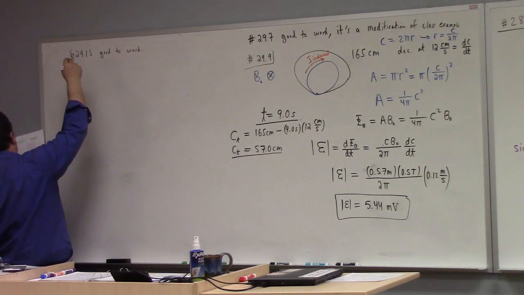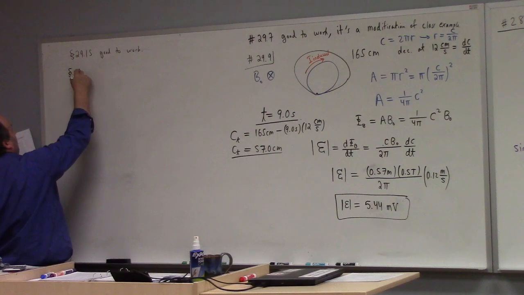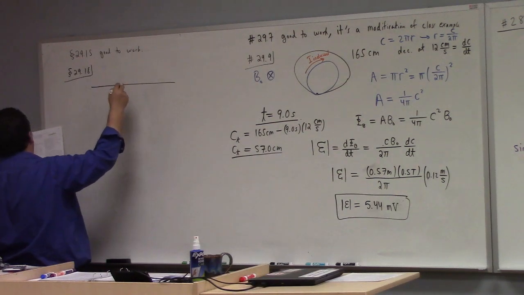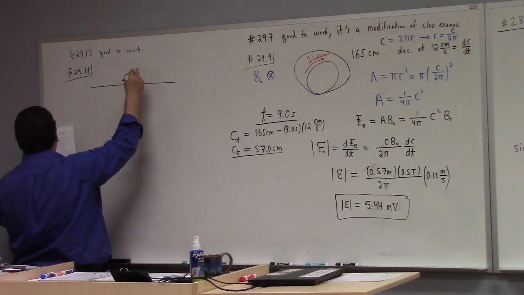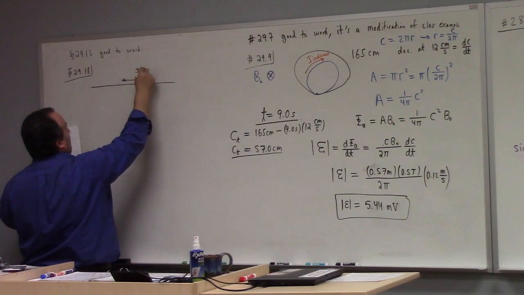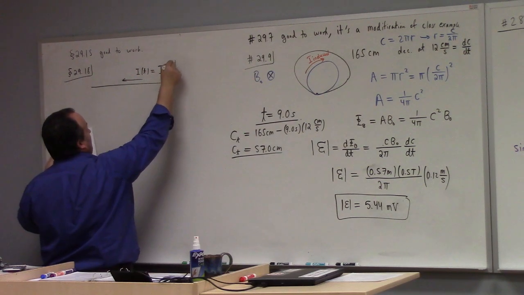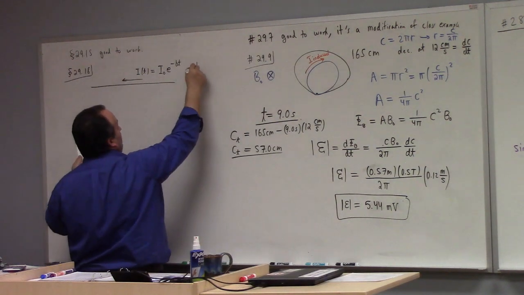Let us look at, I guess we could do number 22. Let's do number 18 first. I don't think it'll take long. This one here, we've got the current I, which is given as a function of time, and it's actually I naught e to the minus bt, where b is a positive constant.